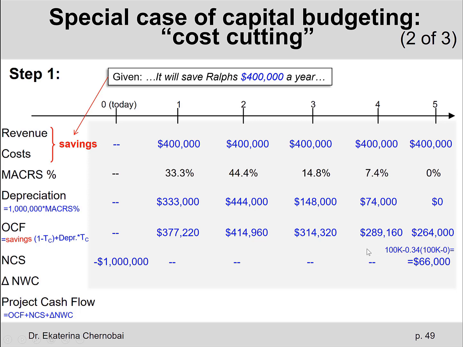So here the version I'm using is take the sales price, that was $100,000, it's given in the problem, minus the tax rate of 34% multiplied by the difference between the selling price of $100,000 and the remaining book value.